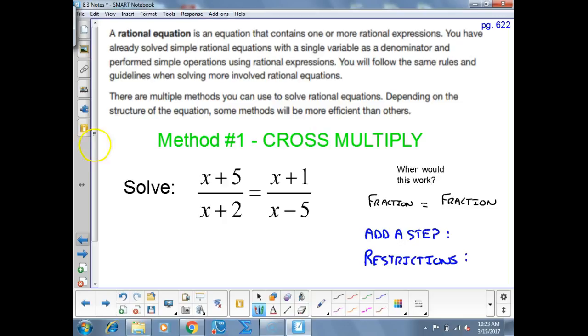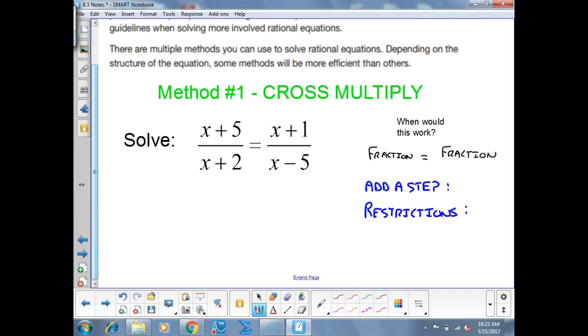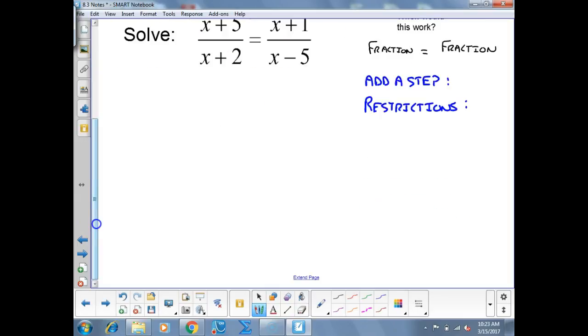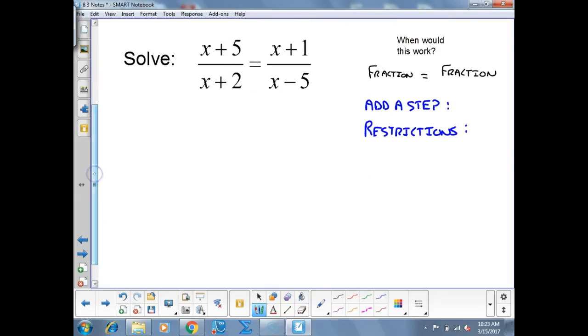So, what are the restrictions in this particular problem? So x cannot equal -2 or +5, right? So in the end, we're going to solve this problem in about 4 seconds.